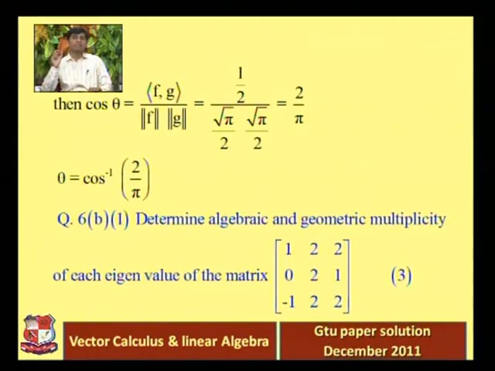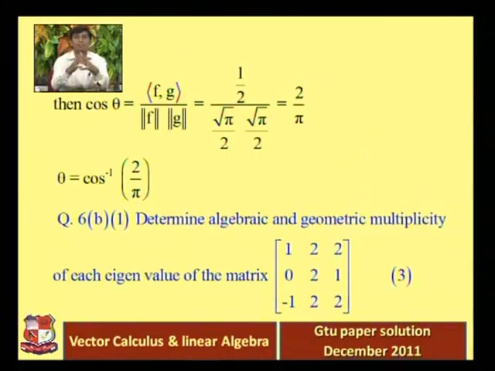So algebraic multiplicity depends upon how many times that eigenvalue occurs, right? Now geometric multiplicity depends upon the eigenvectors corresponding to that eigenvalue, that is, how many eigenvectors we have corresponding to that eigenvalue.